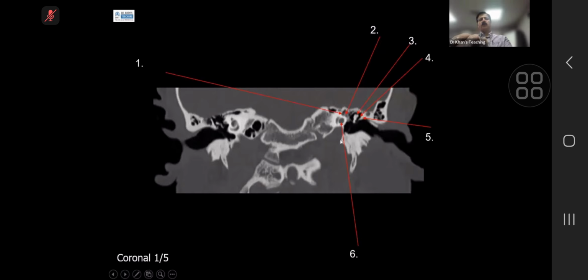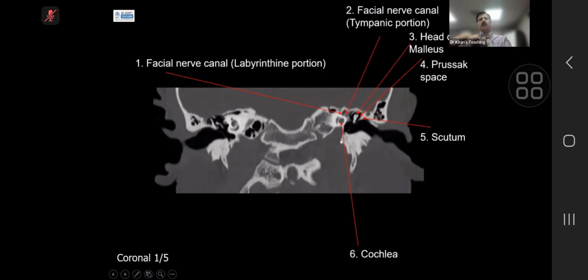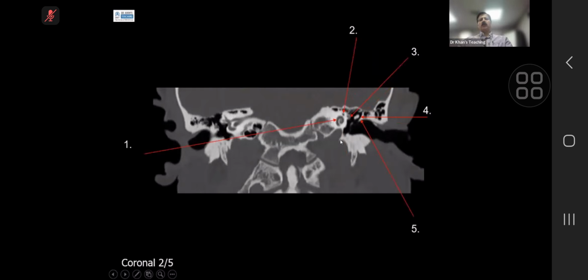So on a coronal, this one. What is number one? And number two? Labyrinthine facial nerve.